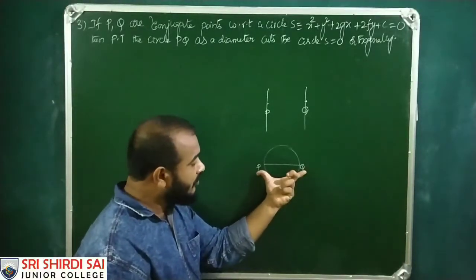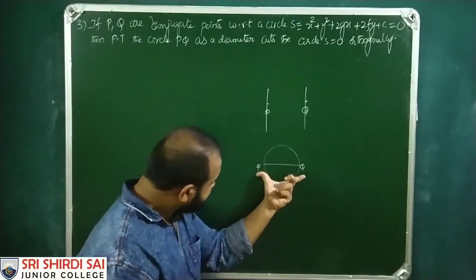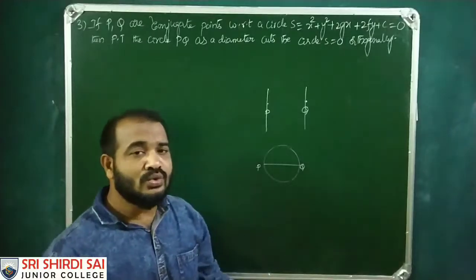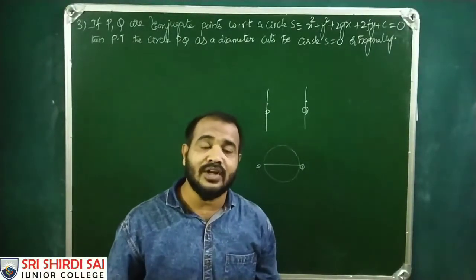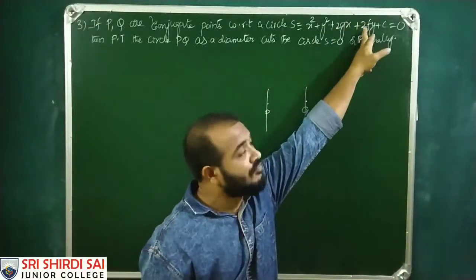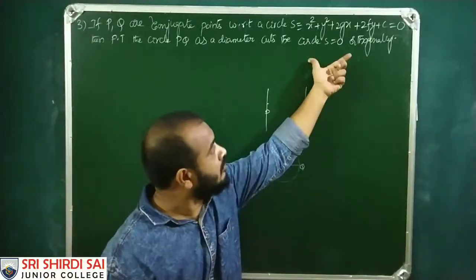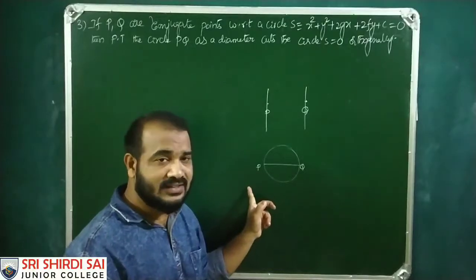Then actually we will be getting the equation of this circle. So this circle cuts this circle orthogonally. That means 2gg dash plus 2ff dash equals c plus c dash is what we need to prove. So g, f, c values are from this circle and g dash, f dash, c dash are from the equation of the circle having P comma Q as the diameter.